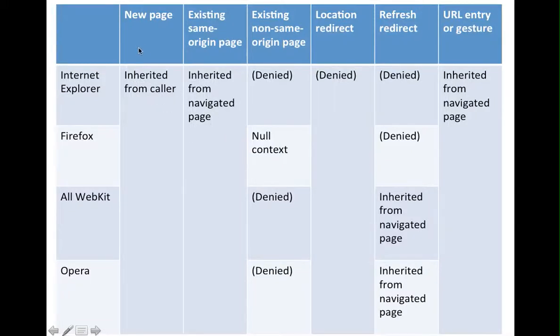New pages and existing pages are different. For new pages, they're inherited for the most part. But existing pages are all pretty much denied except for Firefox, which creates a null context, is what they call it.